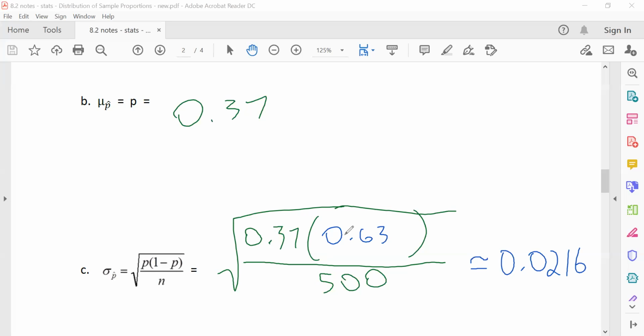I would do the multiplication, the 0.37 times 0.63, because you're taking the square root of that entire thing, meaning you have to figure out what the entire thing reduces to first, then take the square root. Because otherwise, it may only take the square root of 0.37, which is not what you want. So you do 0.37 times 0.63, then divide that by 500, then take the square root.